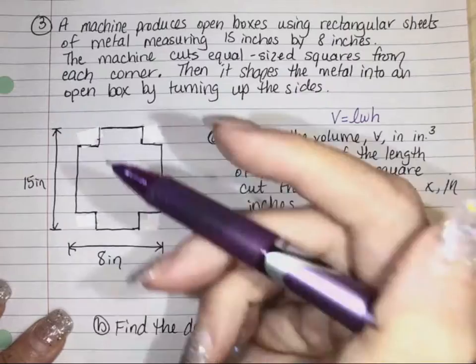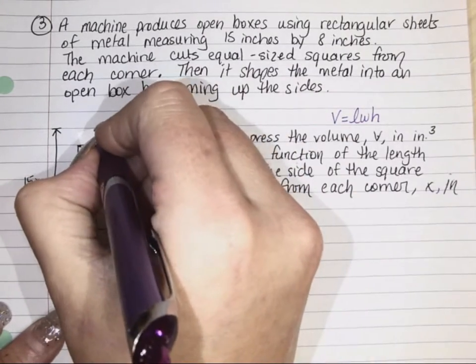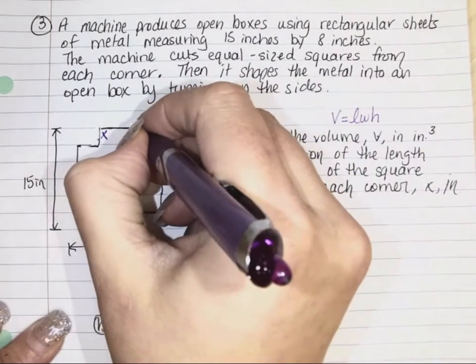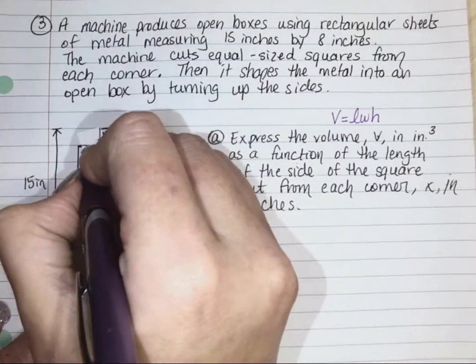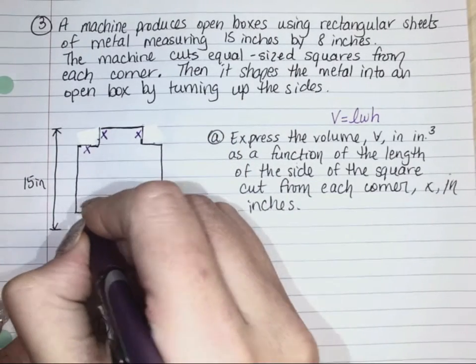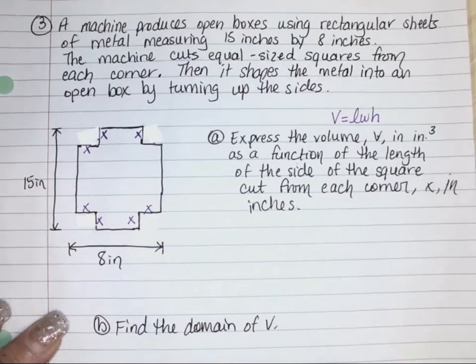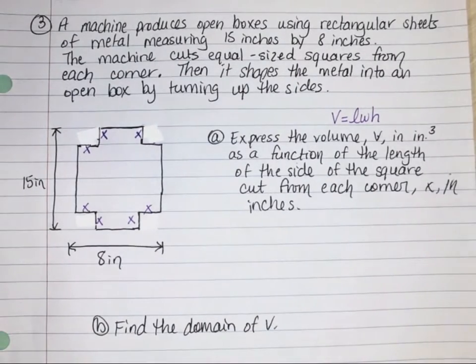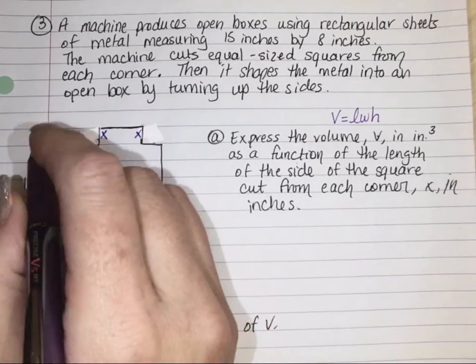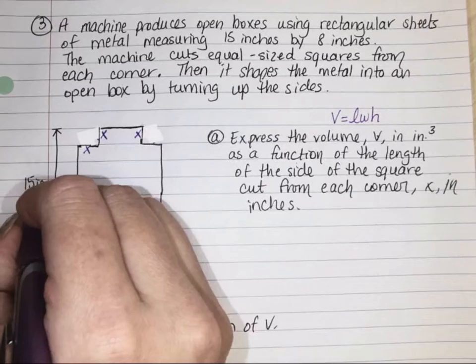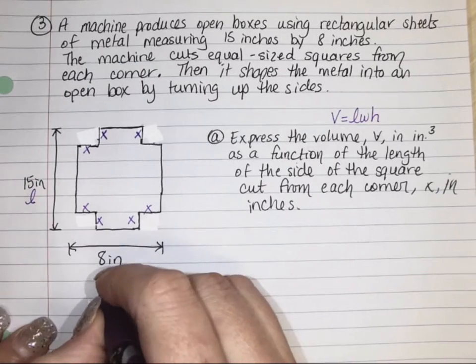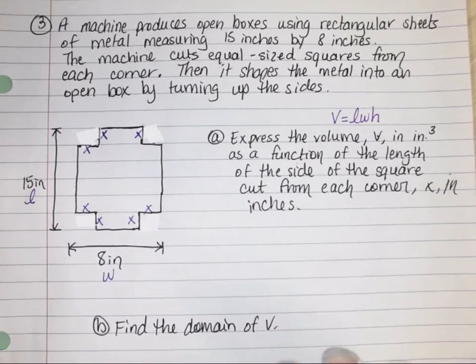I've cut this part out, and I've cut this part out. It just says they cut equal size squares. So they didn't tell us what length they cut off or what the measurement is of that piece. So 15 we're going to say is your length. 8 we're going to say is your width. And I want you to think about what the height will be.